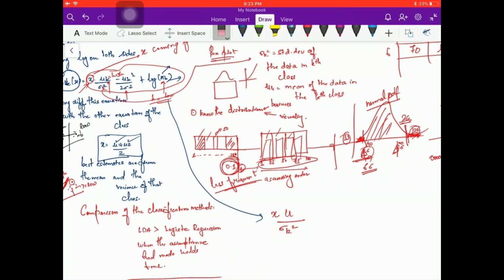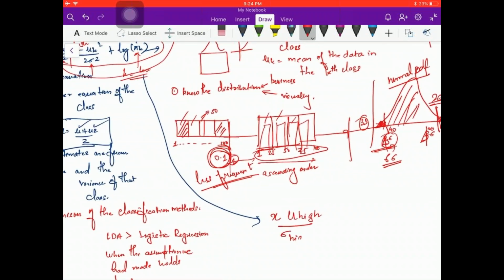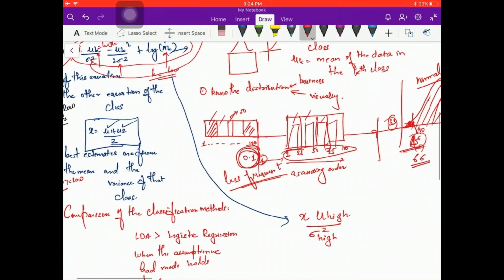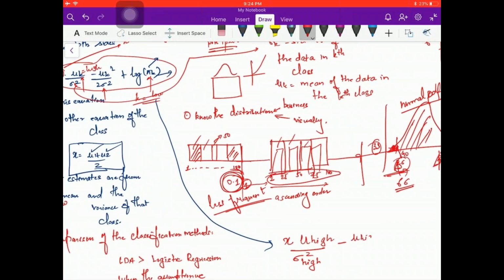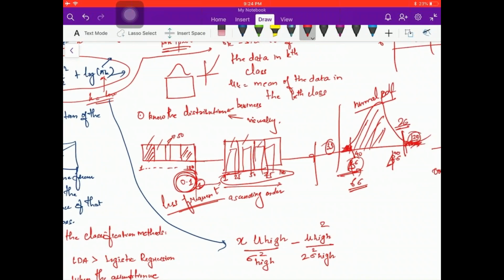Let's keep high and low here. This is the probability of y equal to high given x.